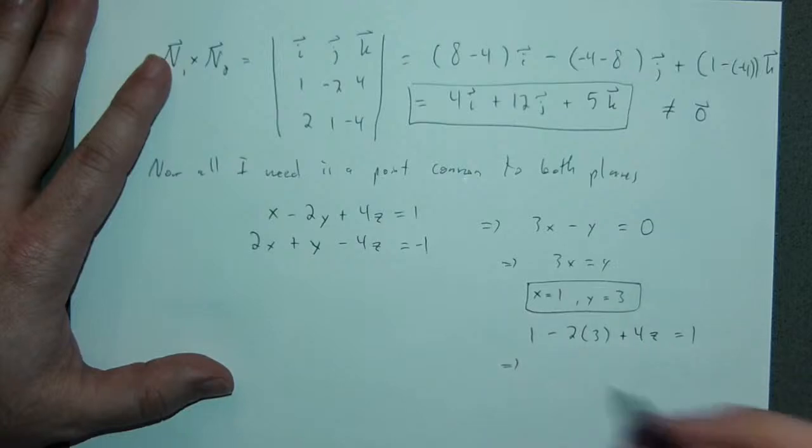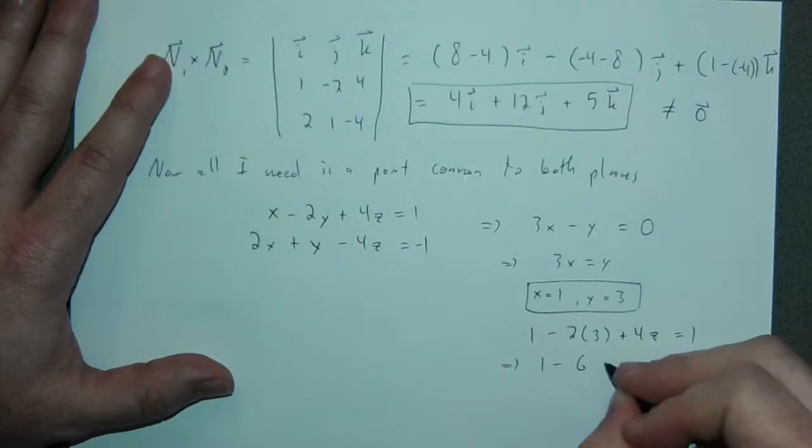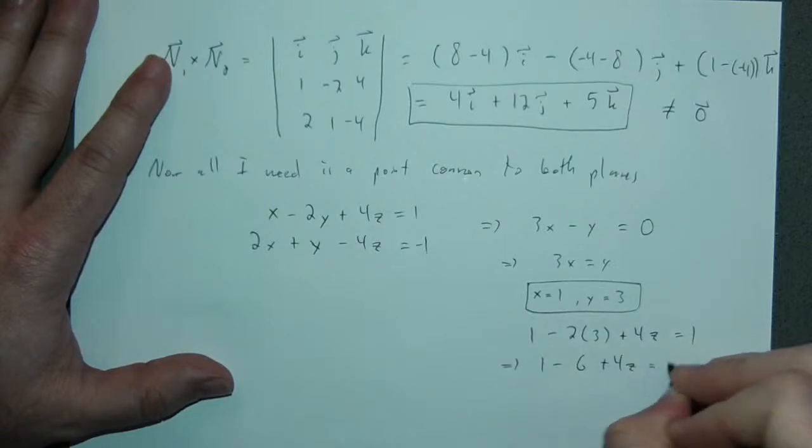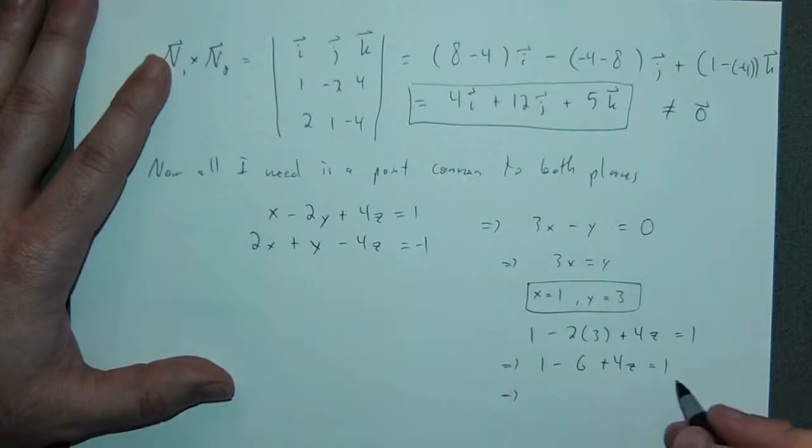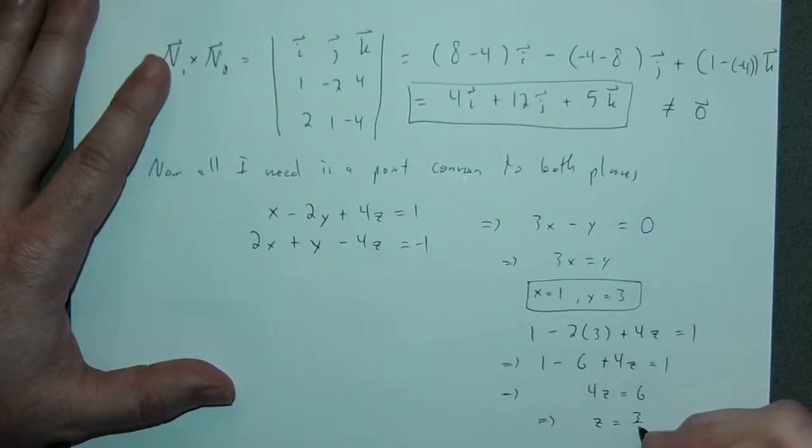And so what I get is 1 minus 6 plus 4z is equal to 1. And so subtracting 1 from both sides, adding 6, I get 4z is equal to 6, or z is equal to 6 over 4, 3/2.